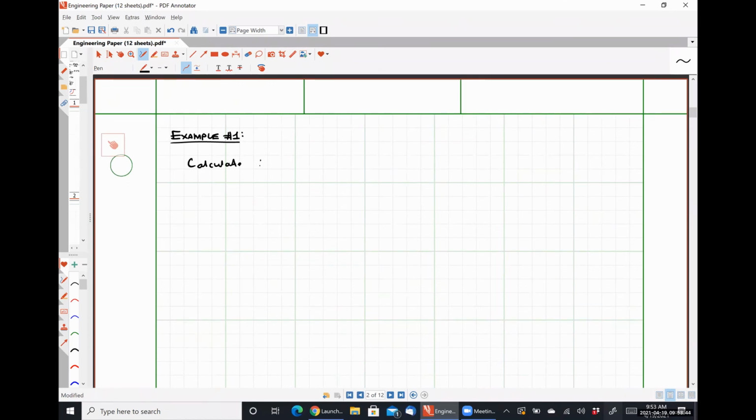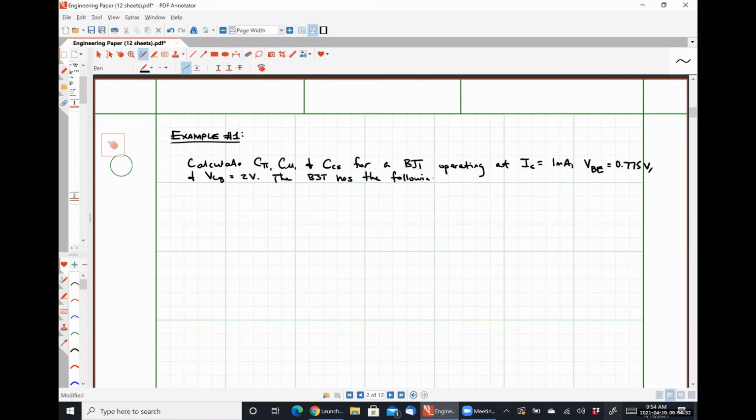Calculate C pi, C mu, and CCS for a BJT operating at IC equal to 1 milliamp, VBE equal to 0.775 volts, and VCB equal to 2 volts. The BJT has the following parameters.